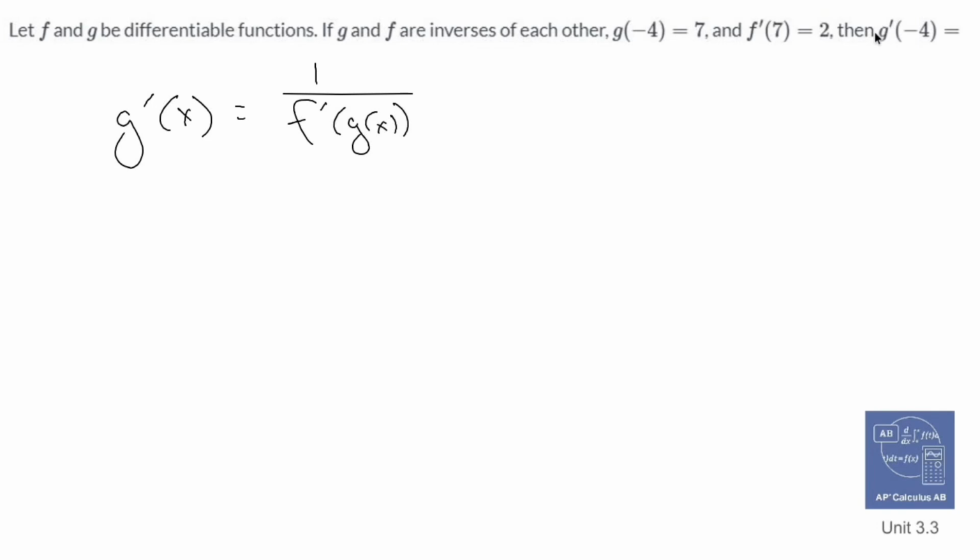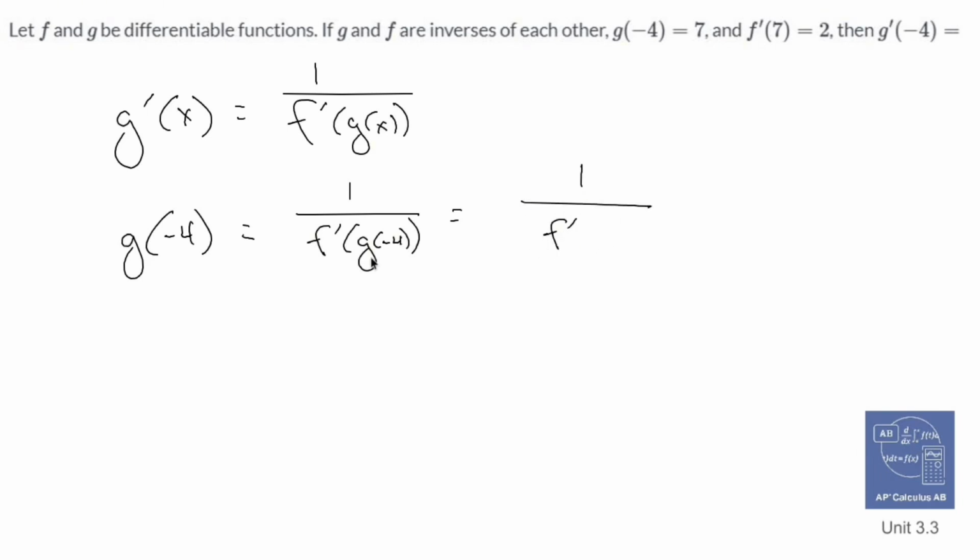So what do I know? Well, I need to find out what g prime of negative 4 is. So g prime of negative 4 is going to equal 1 over f prime of g of negative 4. So let's hope some magic happens. Okay, g of negative 4 is 7, so I'm going to replace g of negative 4 with 7.